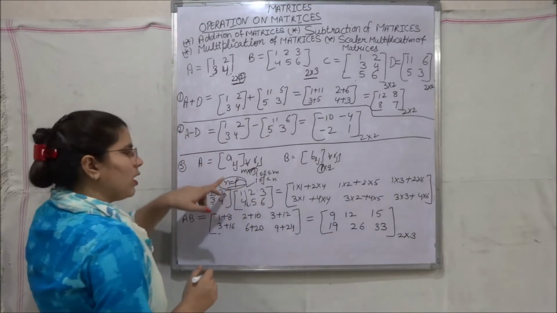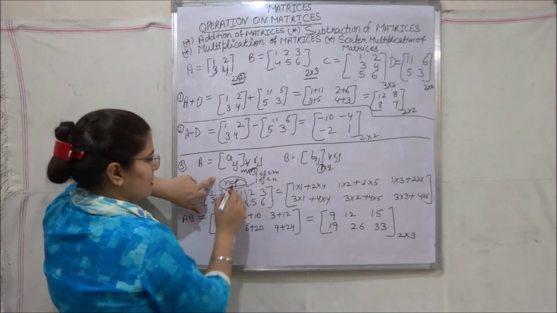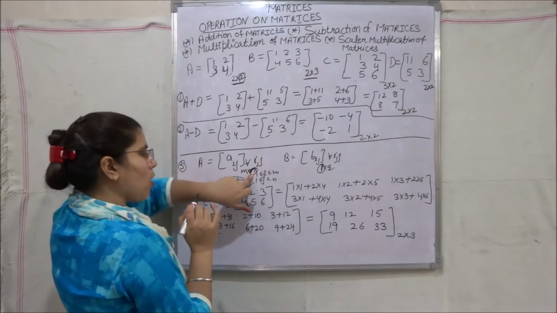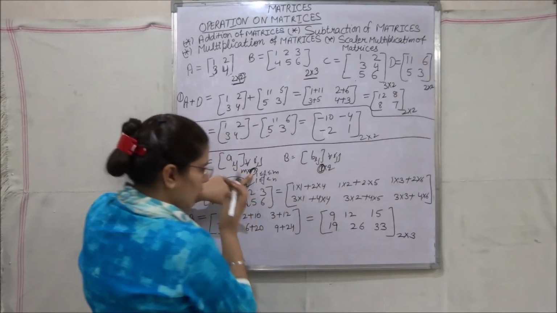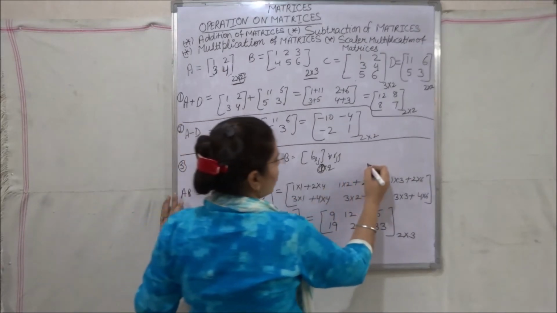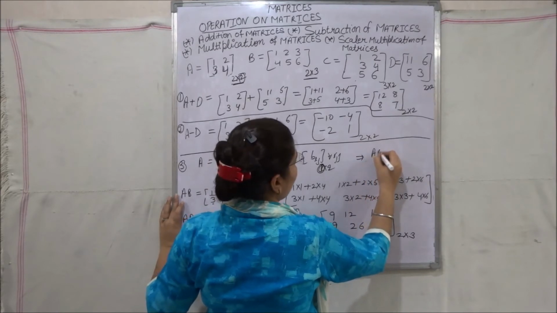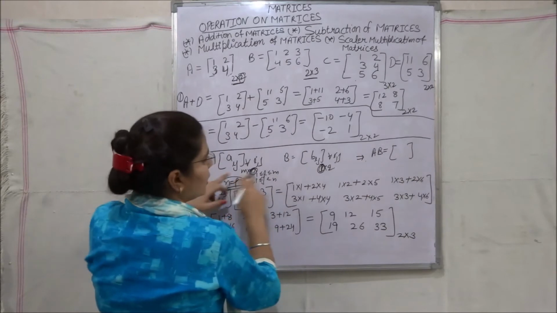So our result was that for the multiplication of two matrices, the first thing is that the number of columns of the first matrix should be equal to the number of rows of the second matrix. The second thing is that the order of the resultant matrix, the multiplication of two matrices, should be of order m into q.